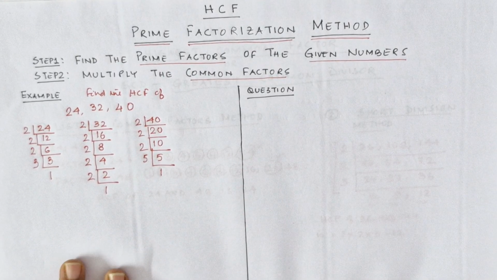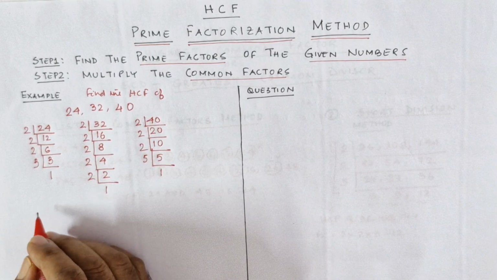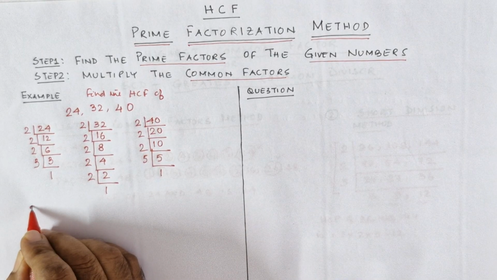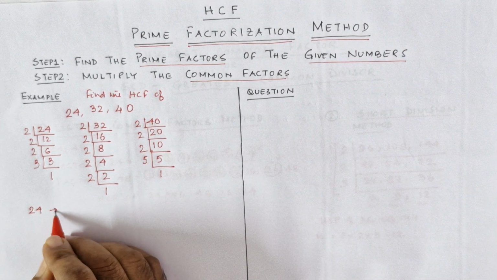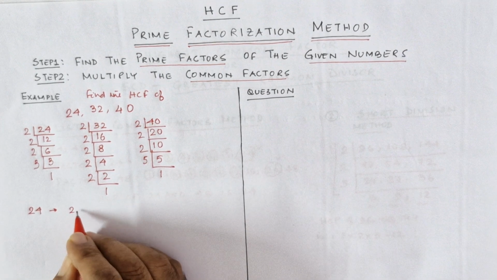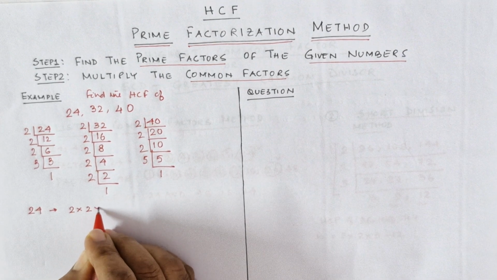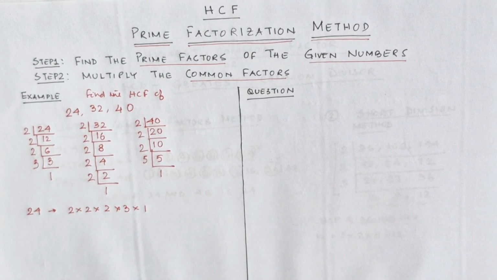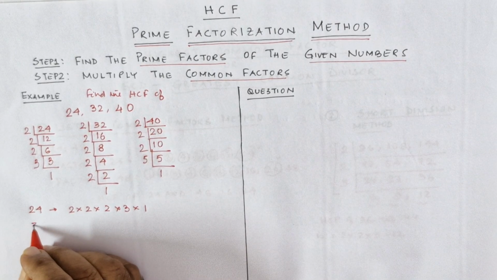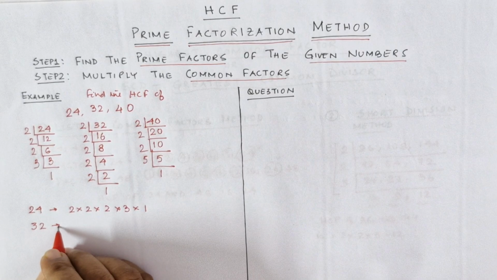So what you need to do now, go ahead and write the prime factors of respective numbers. Like for 24, the prime factors are 2 multiplied by 2 multiplied by 2 multiplied by 3 and multiplied by 1. Similarly, go ahead and write for 32 and 40 as well.